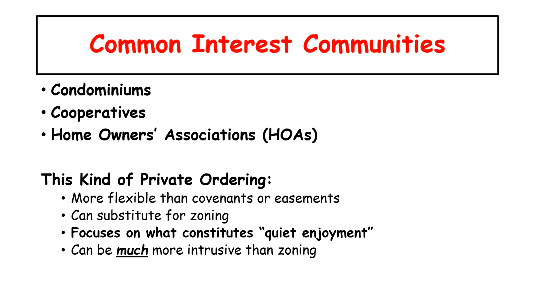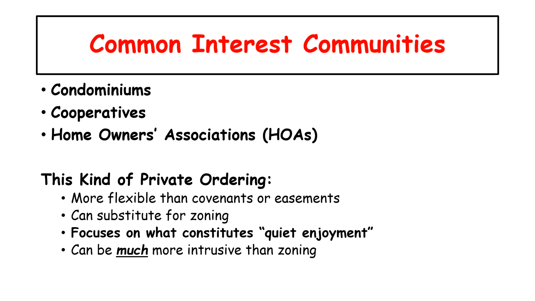And then that change will be binding on the owners of the subunits. And these rules are rooted in what we're going to talk about in the next video, nuisance. Because these rules are viewed to be an agreement about what constitutes quiet enjoyment.